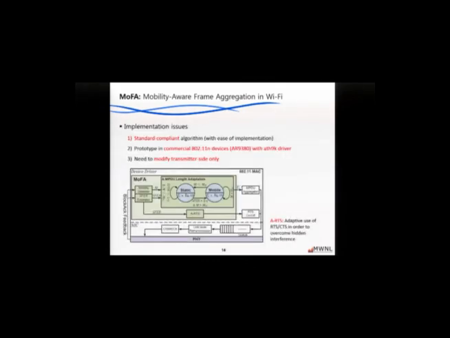If M, the gap between the frontal and the latter part subframe error rate, is larger than some threshold, we conclude that, oh well, this environment is quite mobile, right? And then we better reduce the size of this AMPDU.